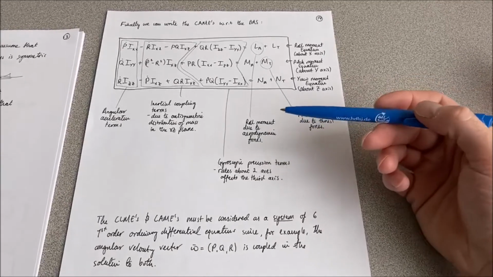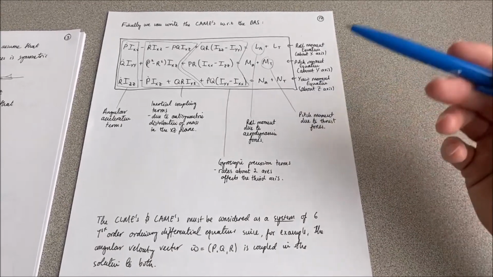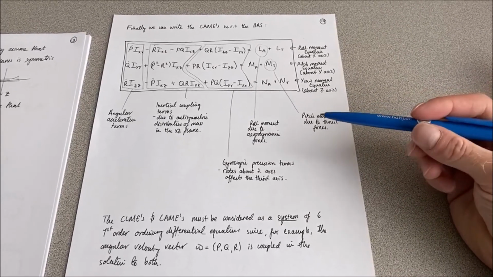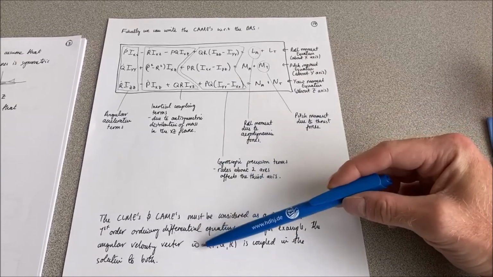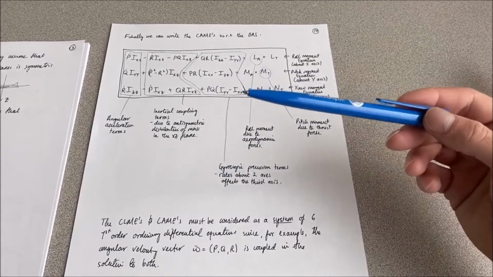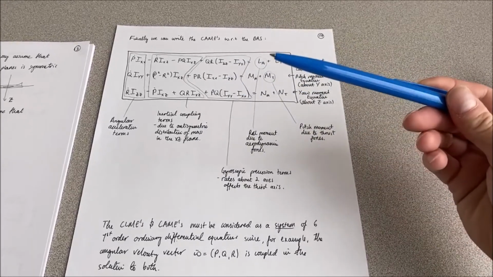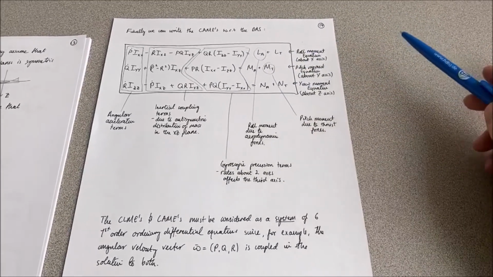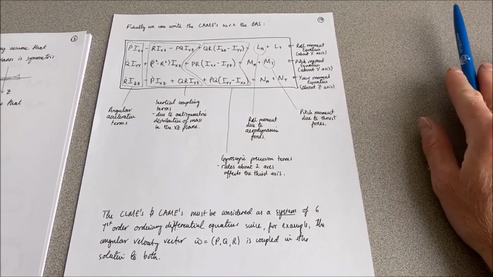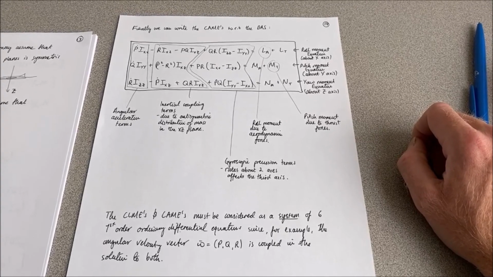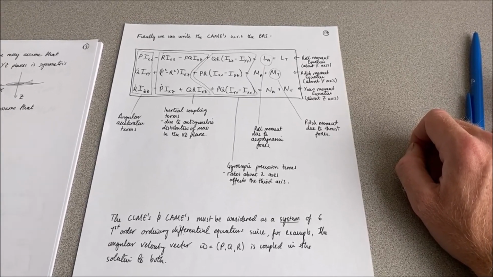They must be considered together as a system of 6 first-order ordinary differential equations because, for example, the solution for the velocity vector, omega, p, q and r, appears in both sets of equations, right? So if we solve one, they have to also be the solution of the other. So there we go. Conservation of linear and angular momentum equations.